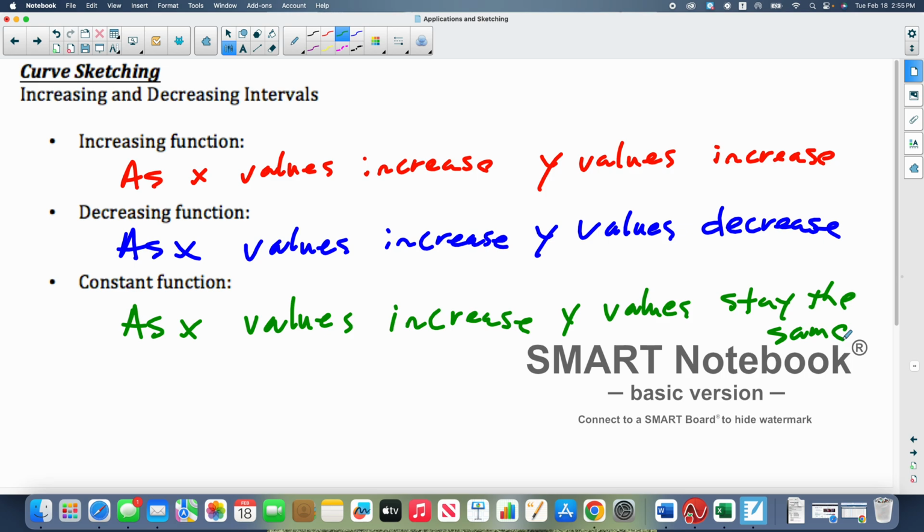To the right and to the left. So if I'm increasing, I'm reading from left to right, which is how I want to read a graph. And then depending on what the y value is doing, it's doing it. And you're right, if I have an increasing graph, then the slope is positive. If I have a decreasing graph, then my slope is negative. If I have a constant graph, then my slope is zero. Okay? So we have that there. Couple of little vocabulary words here.